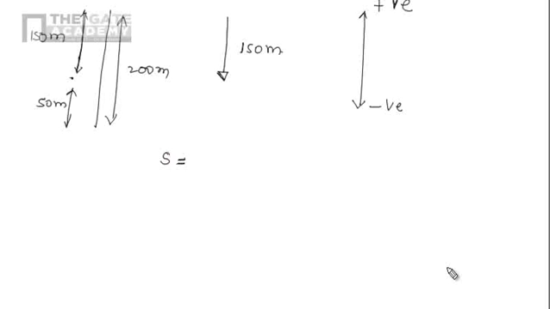So it is constant, and we can use the equations for motion with uniform acceleration. Let's use the equation s equals ut plus 1 by 2 at square. The distance traveled by the first particle is 150 meter but in downward direction, so it's minus 150.